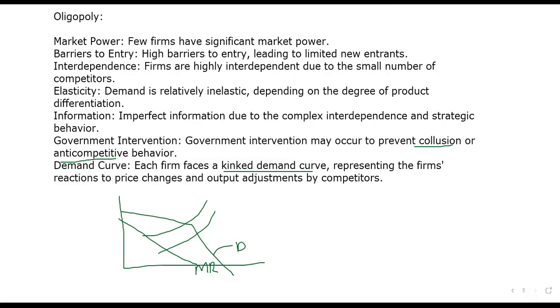So that kinked model that we are looking at, we need to understand how interdependence really works in their strategic decision making. So at that kink, we have what is called price rigidity. The kink model suggests that firms here will be inclined to maintain a certain stable price, resulting in price rigidity within the market.